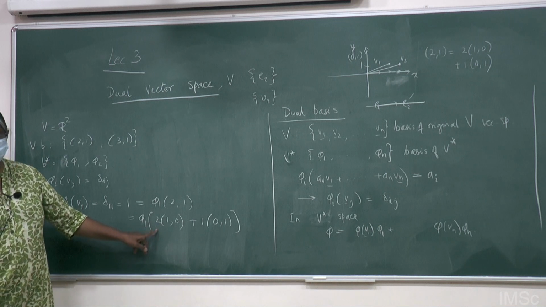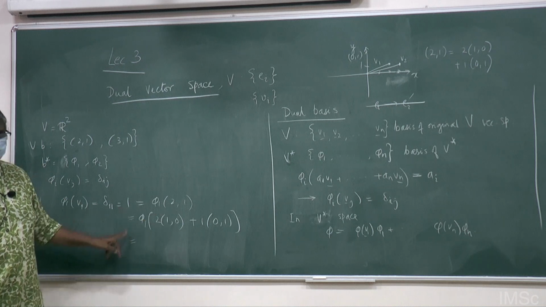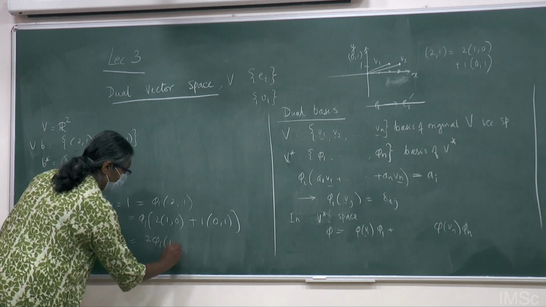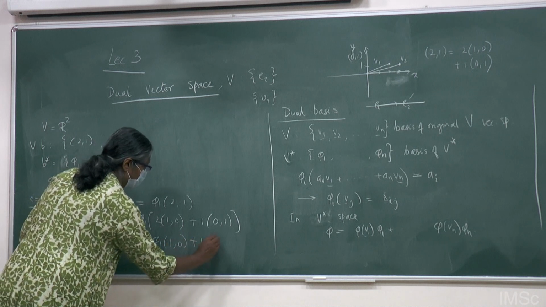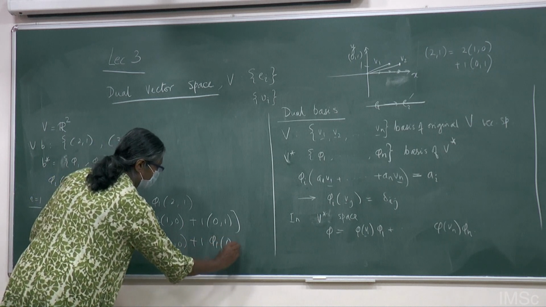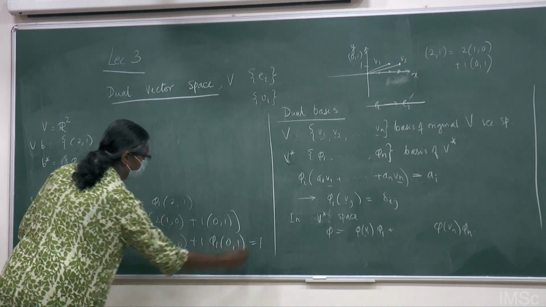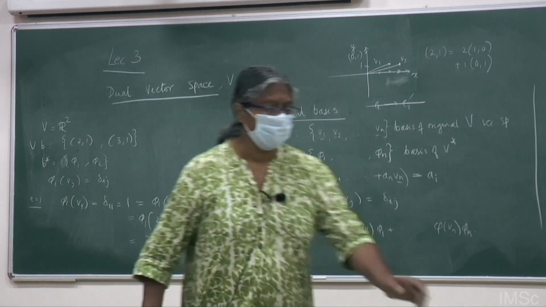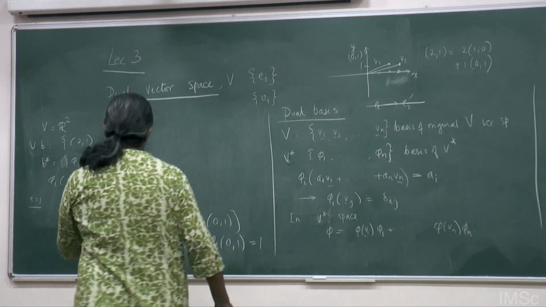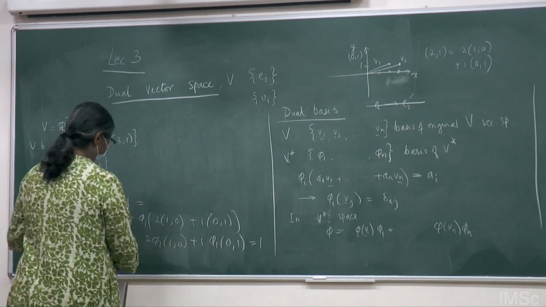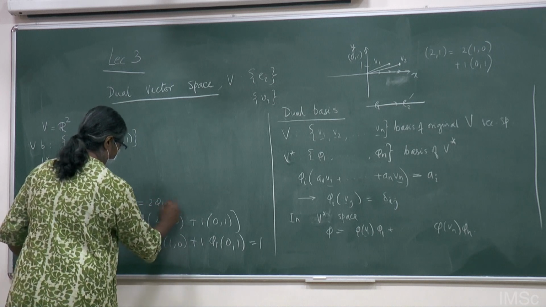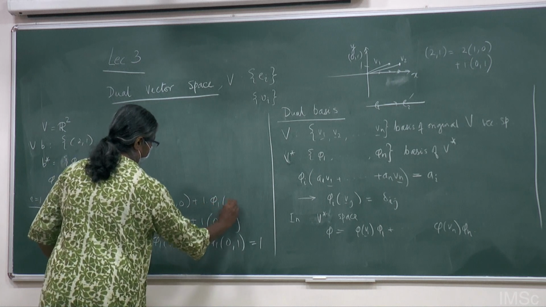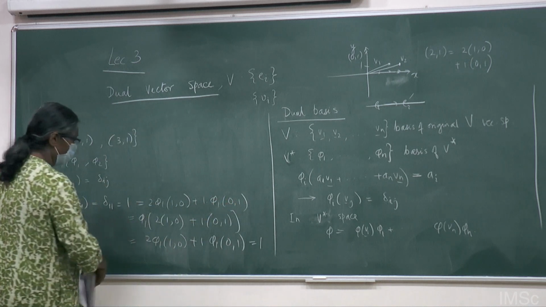So multiplication by a constant means I can pull the constant out. So this will become 2 times phi 1 of (1, 0) plus 1 times phi 1 of (0, 1), and that is equal to 1. So in fact I am going to substitute it in the previous line, so that I have space for the second object. And equal to 1 is already there.